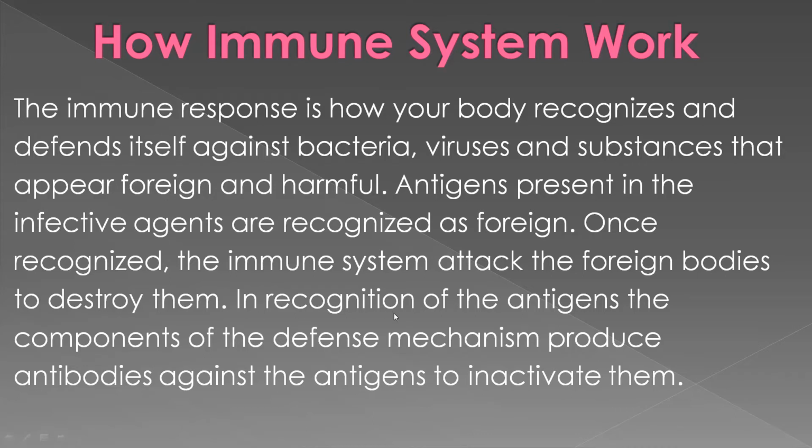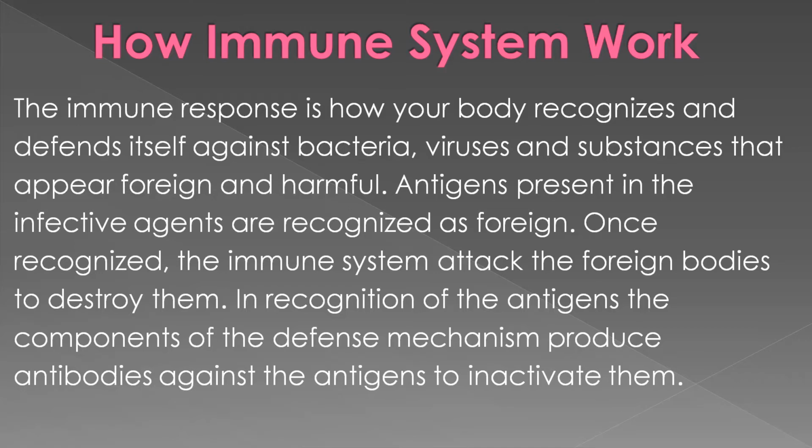In recognition of the antigens, the components of the defense mechanism produce antibodies against the antigens to inactivate them. So this is clear. Once it is recognized, the defense mechanism will produce the antibody against that antigen.